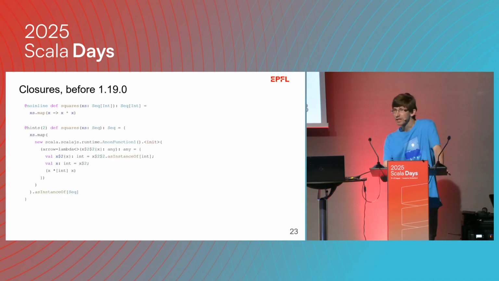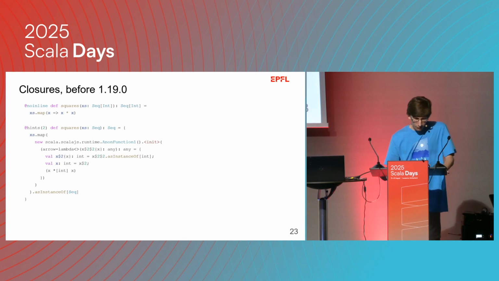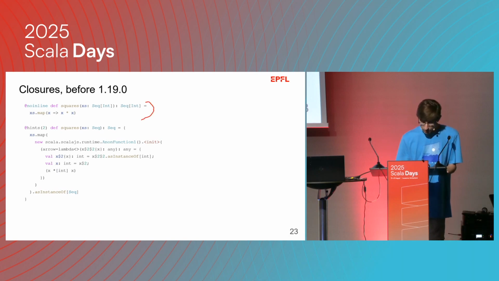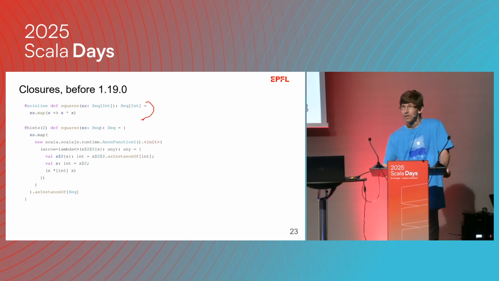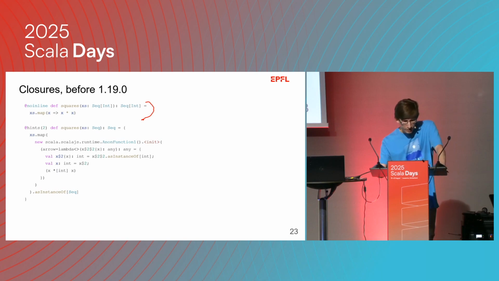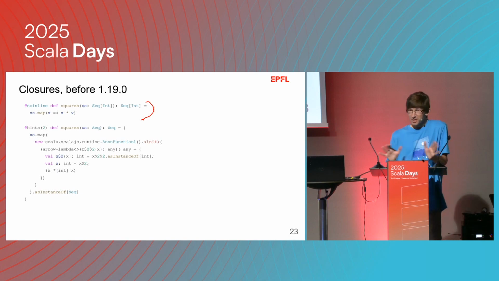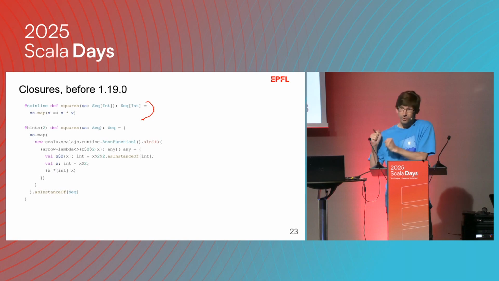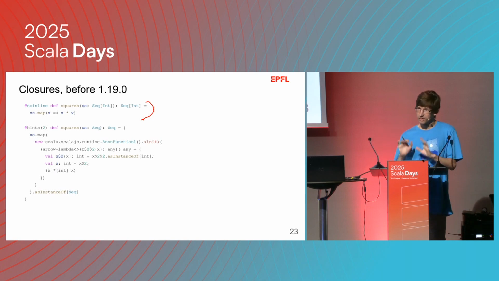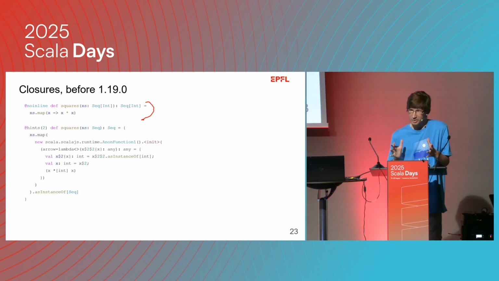The first is closures. If you write this code in Scala.js before 1.19, this is Scala, right? You can take that code. It works on Scala JVM as well, right? Nothing JS specific about that thing.